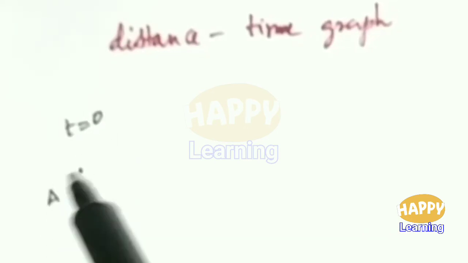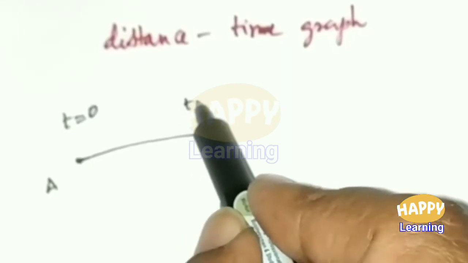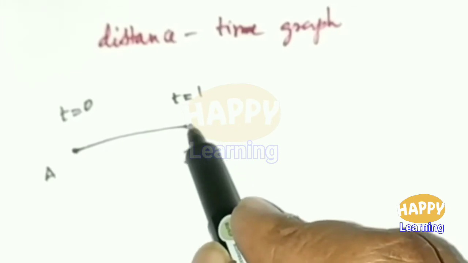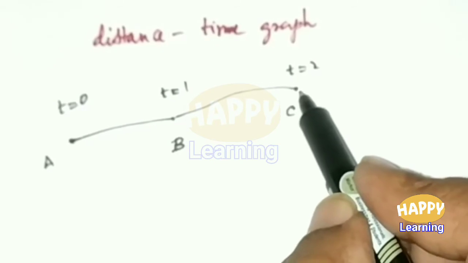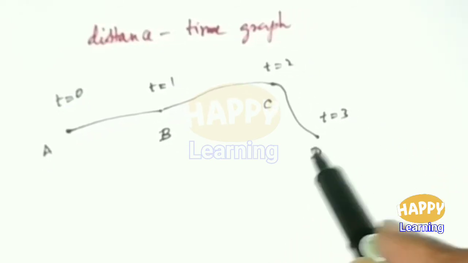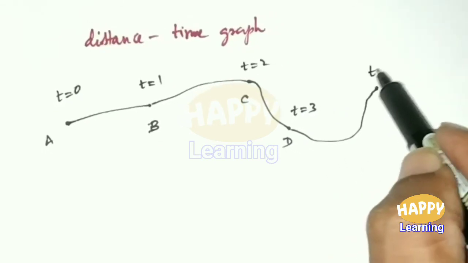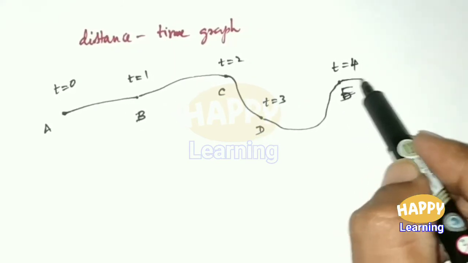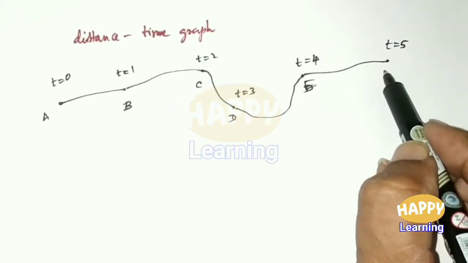A person started from point A at time t equal to 0, and at t equal to 1 he has reached point B. By the time t equal to 2 seconds he has reached point C. Then by the time t equal to 3 he has reached D. Then by the time t equal to 4 seconds he has reached point E. Then by the time t equal to 5 he has reached point F.